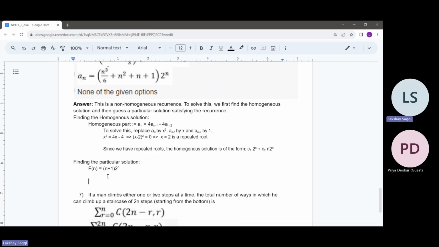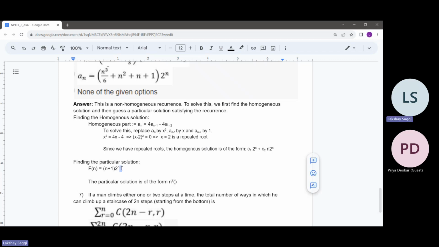For this sort of situation, you can see the lectures. The particular solution is of the form n square times something.